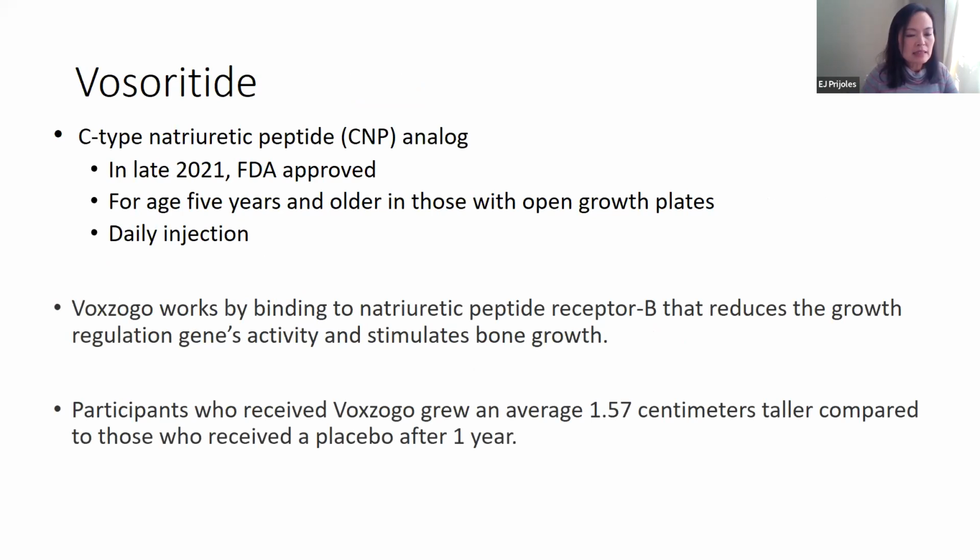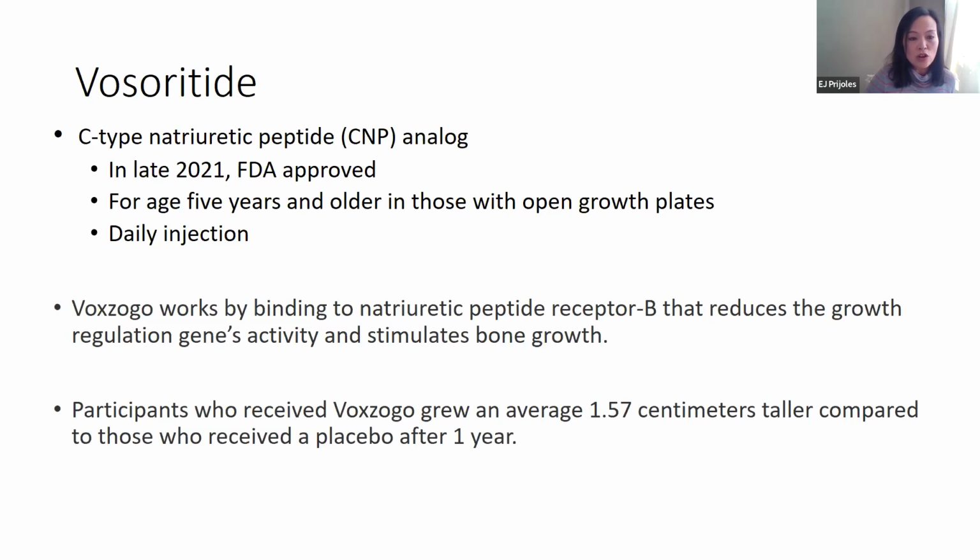So late in 2021, just a few months ago, the FDA approved a drug called Vosoritide. It's a natriuretic peptide analog, and it has been approved for individuals with achondroplasia who are 5 years and older who still have open growth plates.